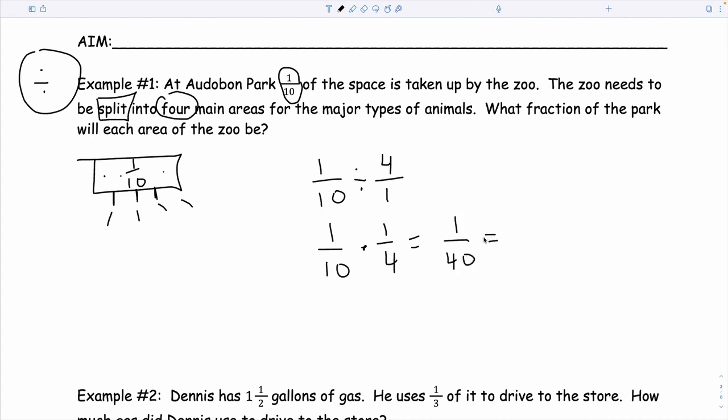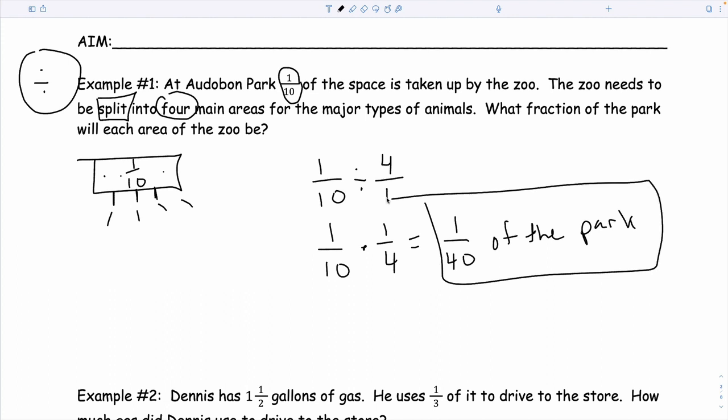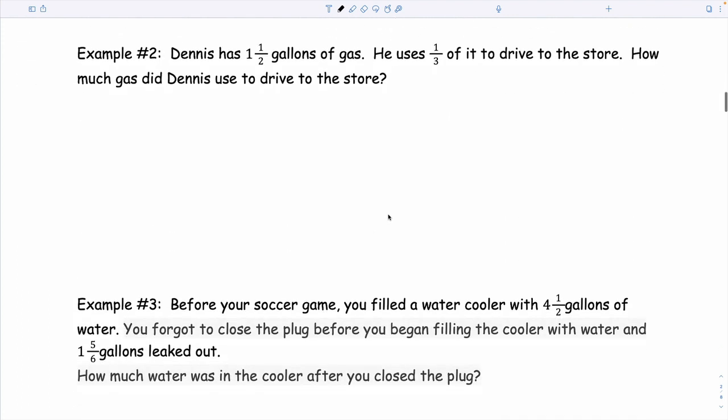So each spot takes up 1/40. 1/40th of the park is each area.